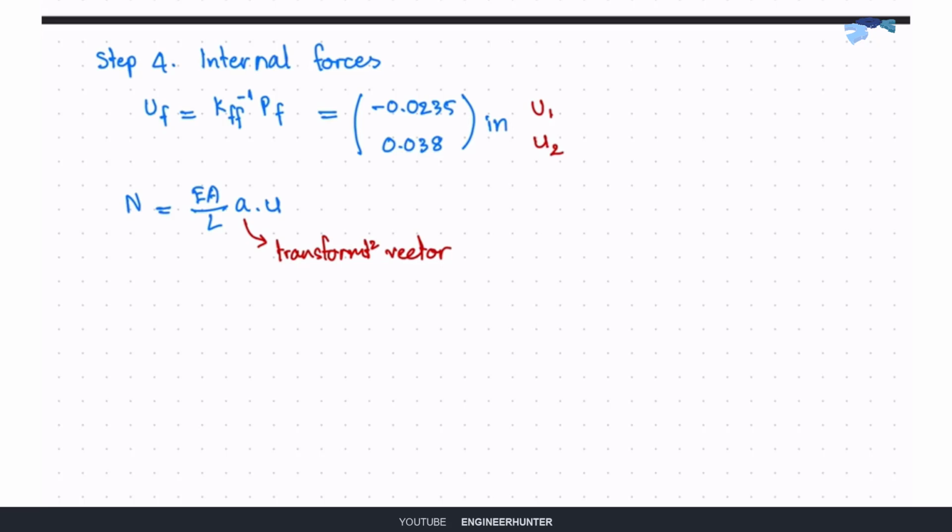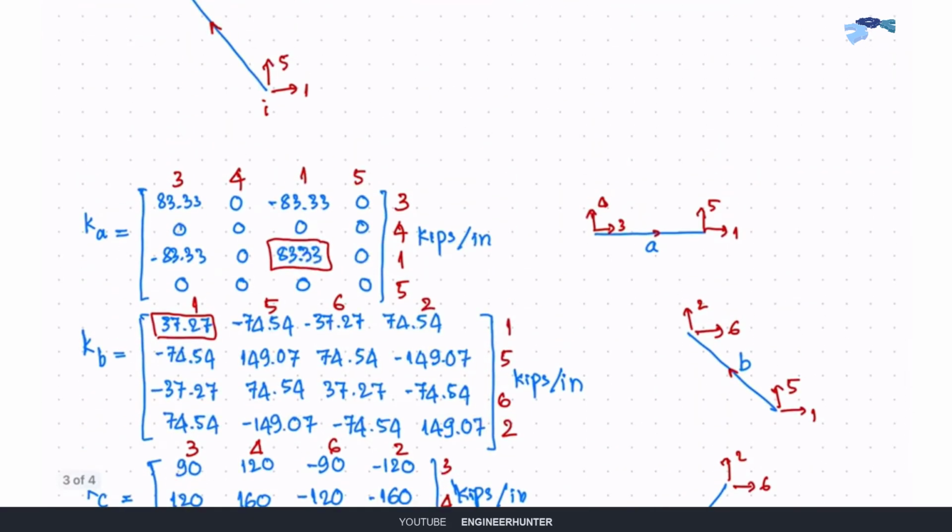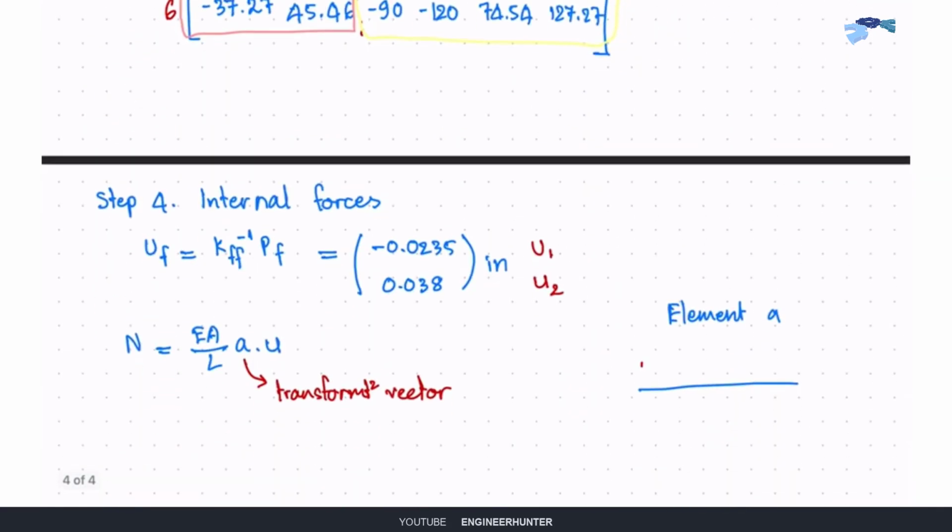So for example, this is the element A will be like this, and the degree of freedom will be 3, 4 and 1, 5.